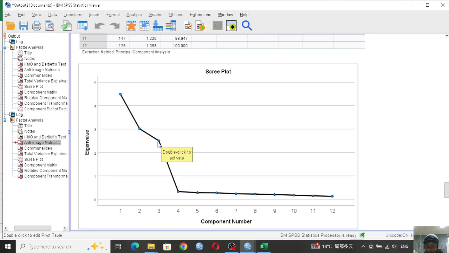After these 3 components, from here it just becomes a flat horizontal line. And when it is flat this way, we don't consider it. Or you check any of them that is less than 1, we don't consider it. So all from here downwards, they are all less than 1. So these are the eigenvalues, and these are the number of components. So 1, 2, 3 should be considered.